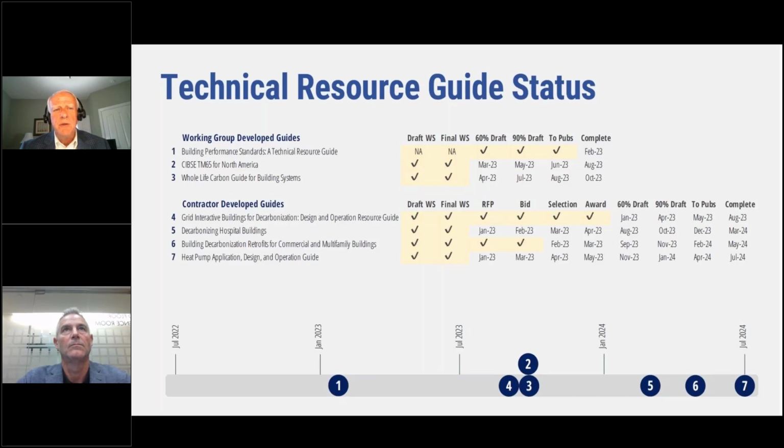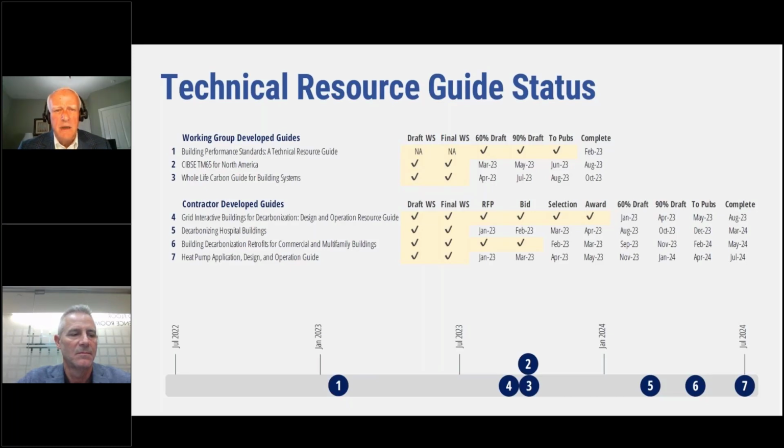In addition to these various working group developed guides, we realized that in order to get the guides out in a timely manner, we needed to have these being developed by contractors. The work statement and the approval of these contractor guides is under the auspices of the task force, and the task force is leading the guidance of what's contained in these, but we are having contractors do that.